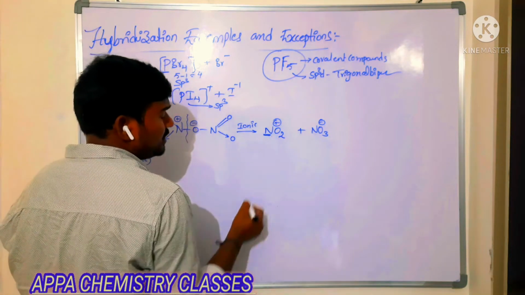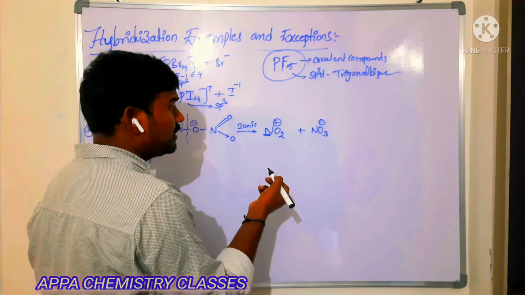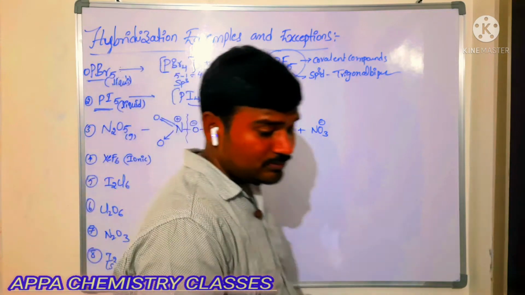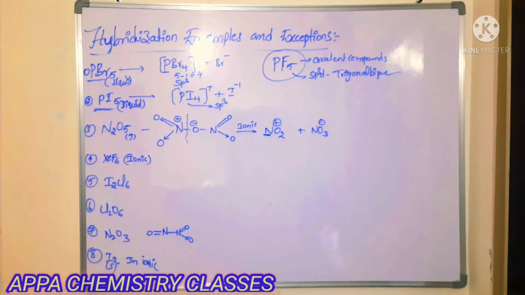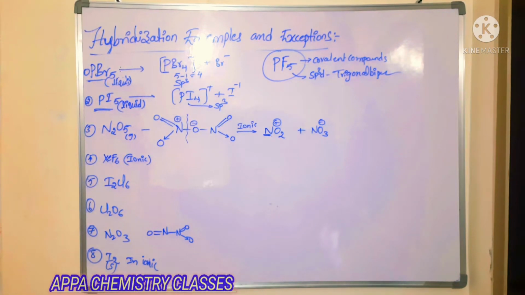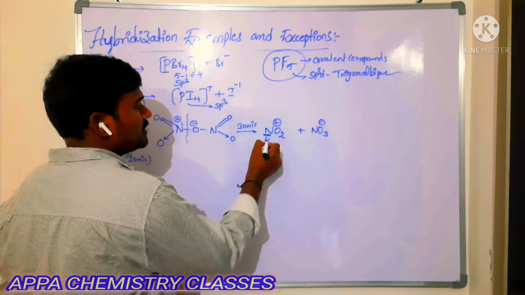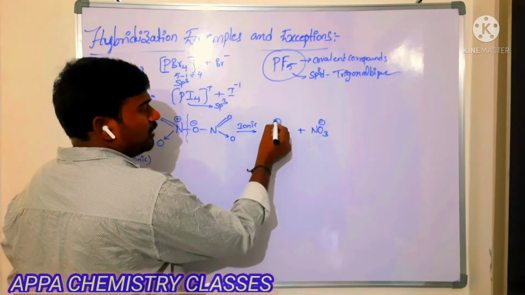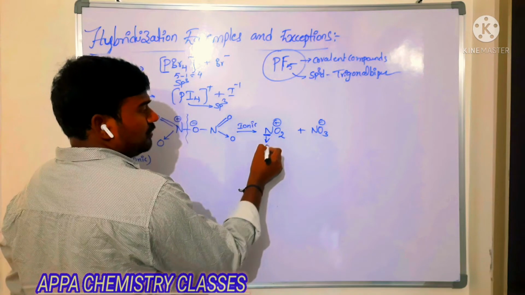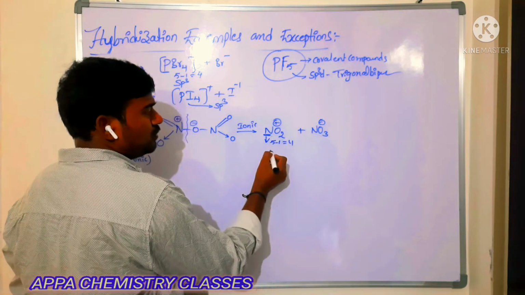What is the hybridization of nitrogen in NO2 plus? What hybridization is it? Now you see in this case, nitrogen has 4, that is 5 minus 1, that is 4. 2 oxygens are there.